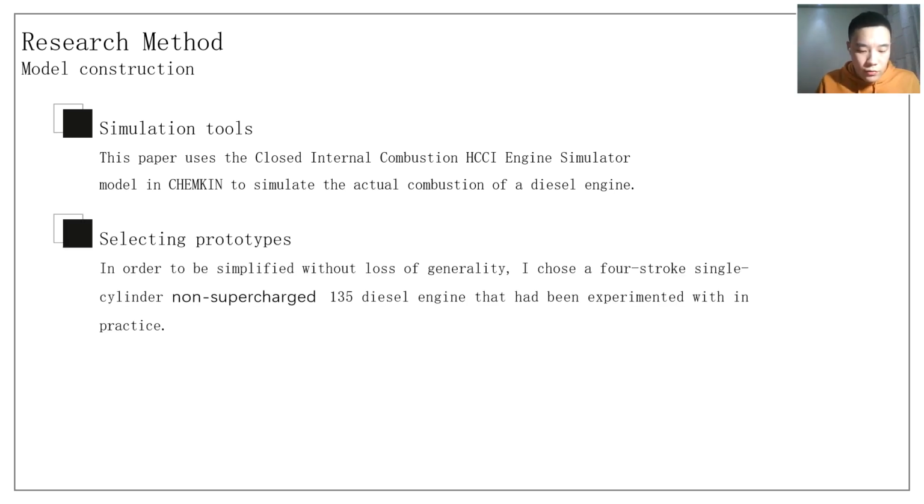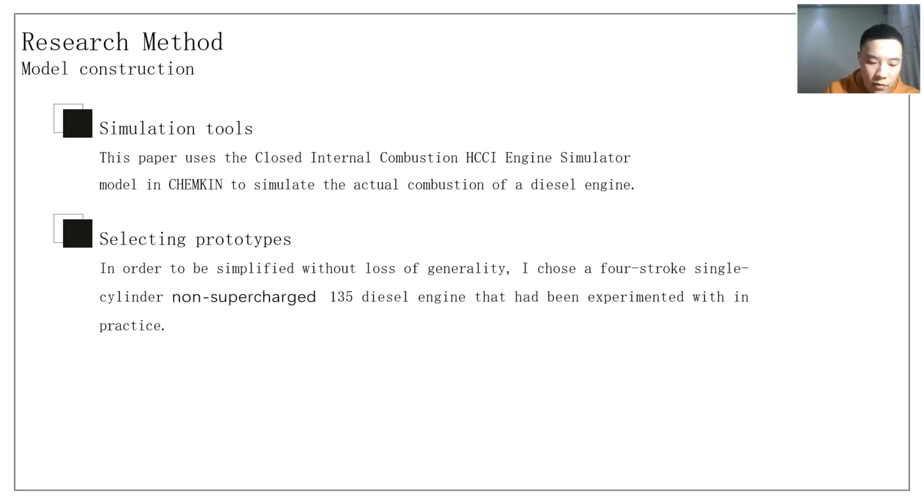In order to find the specific parameters, we need to select a suitable prototype. To simplify it without loss of generality, I chose a 4-stroke single-cylinder non-supercharged 135 diesel engine that has been experimented with in practice.